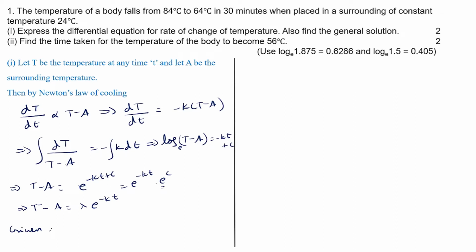Given A is equal to 24 degrees Celsius. If we take this as 1, so 1 implies T minus 24 equal to lambda into e raised to minus kt. Let us take this as 2. And so this is the first subdivision. This is the general solution of this differential equation.